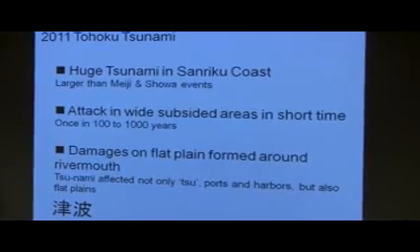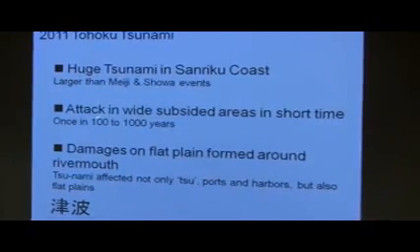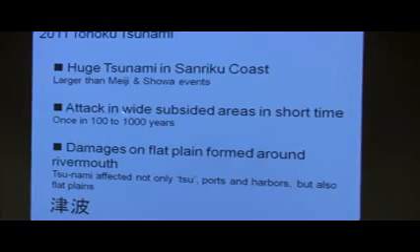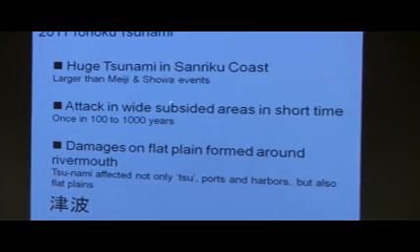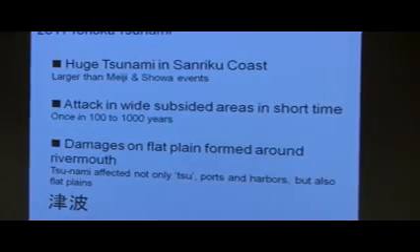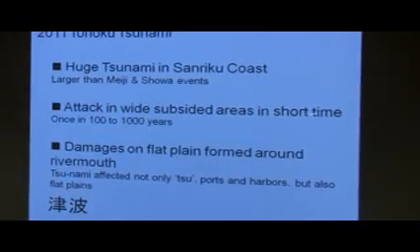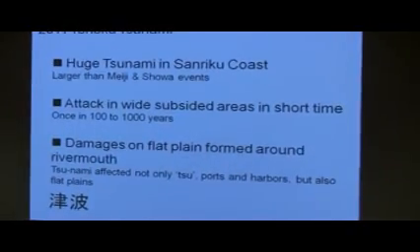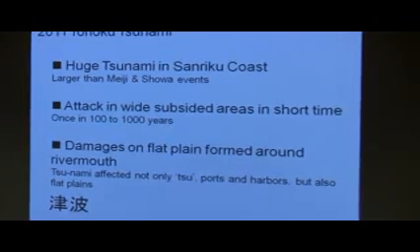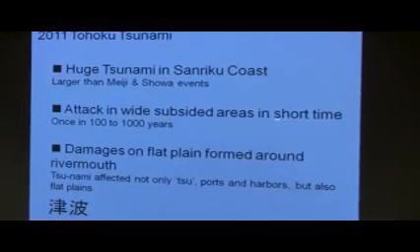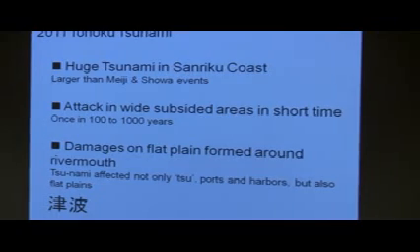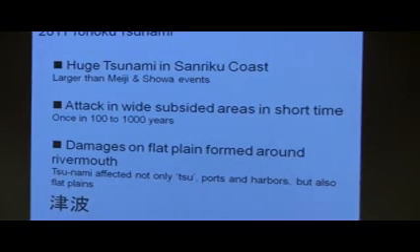And this tsunami is characterized by attacking a very wide area, and those areas had subsided before the tsunami attack. And because the epicenter was close to the land, the waves arrived in a relatively short time.